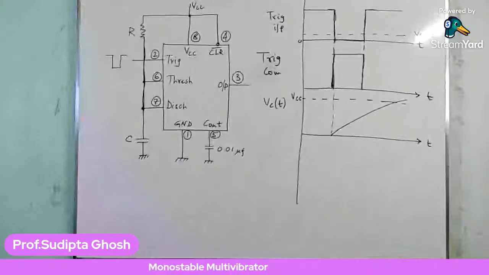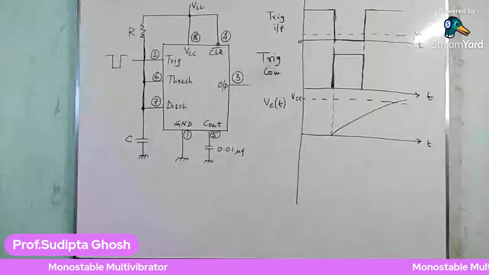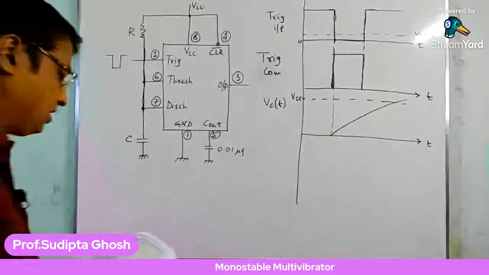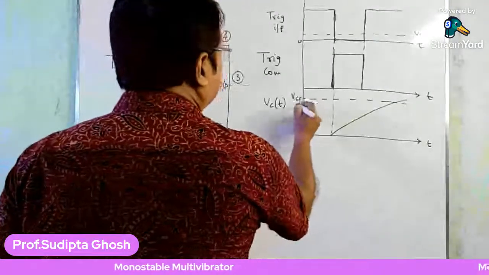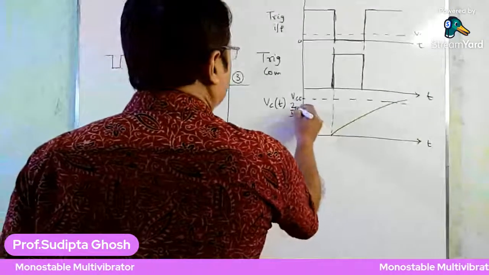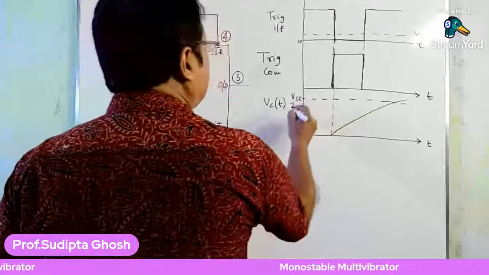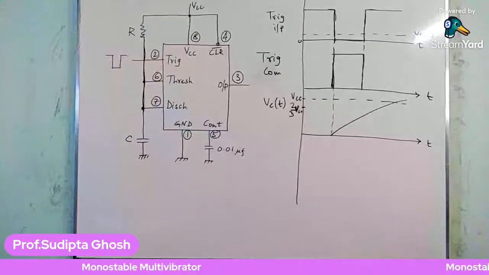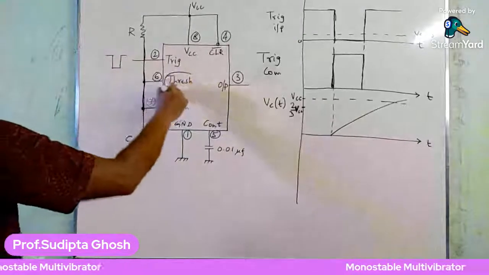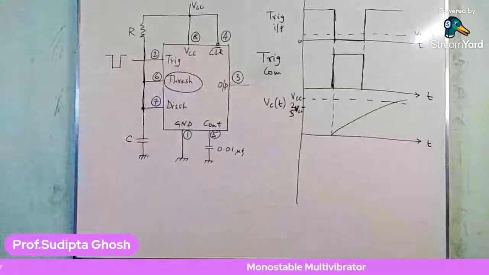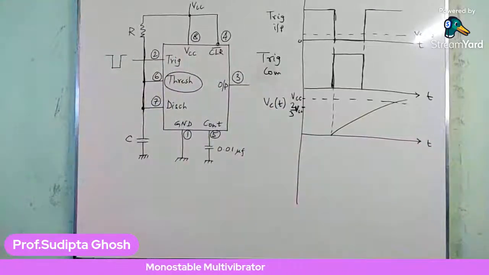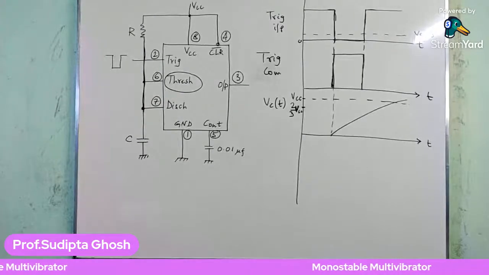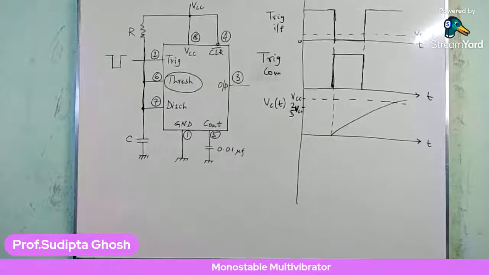As we have already found, it never touches the value of VCC, because when the capacitor value is about 2/3 of VCC, it makes the threshold comparator go high, and that is the point where the capacitor starts to discharge again to 0 volts.